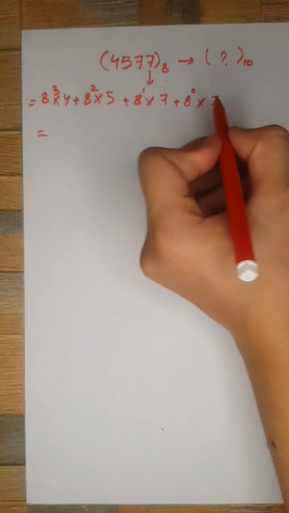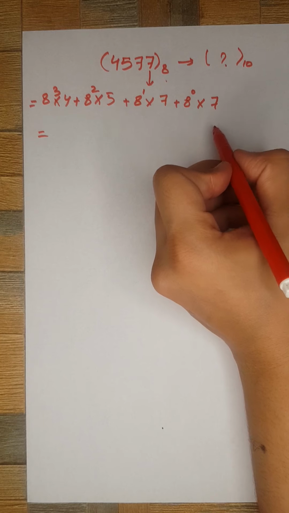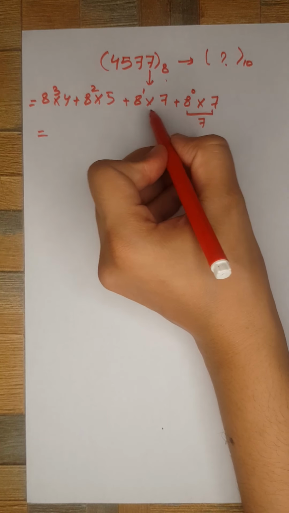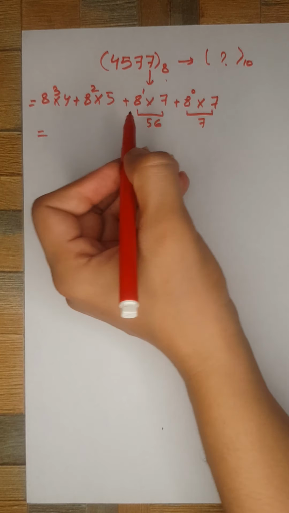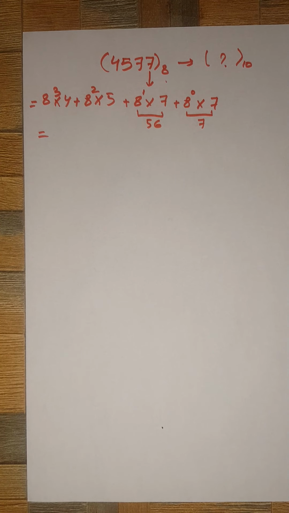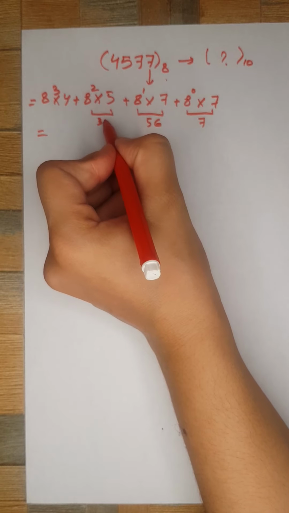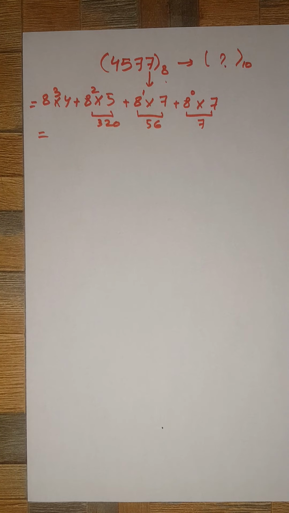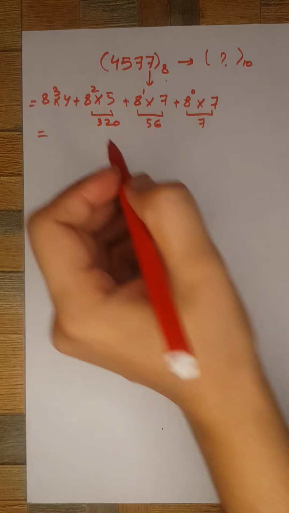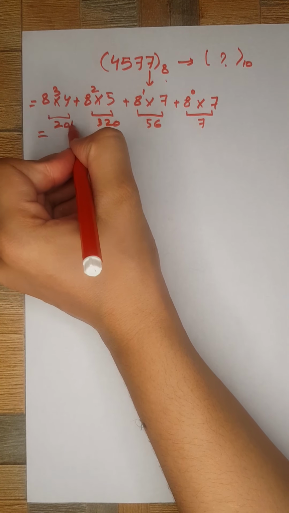All right, and if you simplify it, you will get 7. This will be equal to 7 plus 8 sevens are 56, then 16, 64 multiplied by 5 is 320, and 8 raised to power 3 multiplied by 4 is equal to 2048.